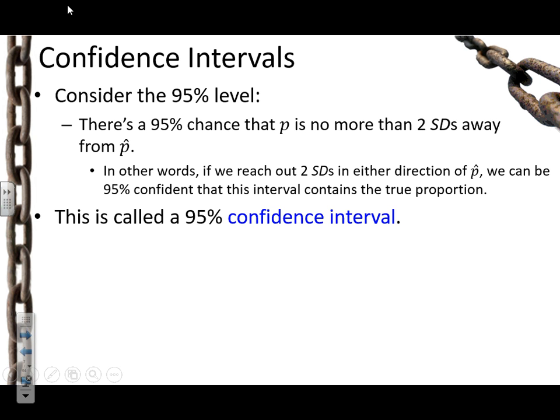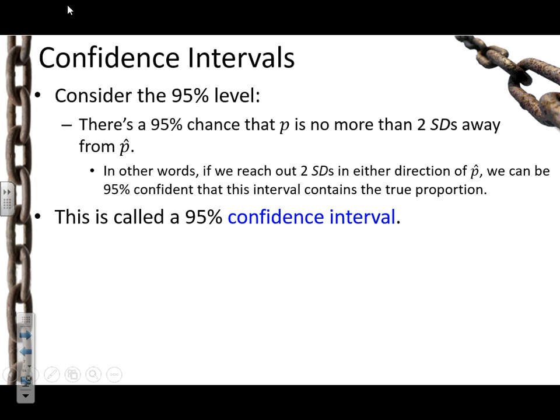So, by taking our proportion and reaching 2 standard deviations above and below, we've created what we would call a 95% confidence interval. If we reached one standard deviation above and below, we would be creating a 68% confidence interval, and so on.